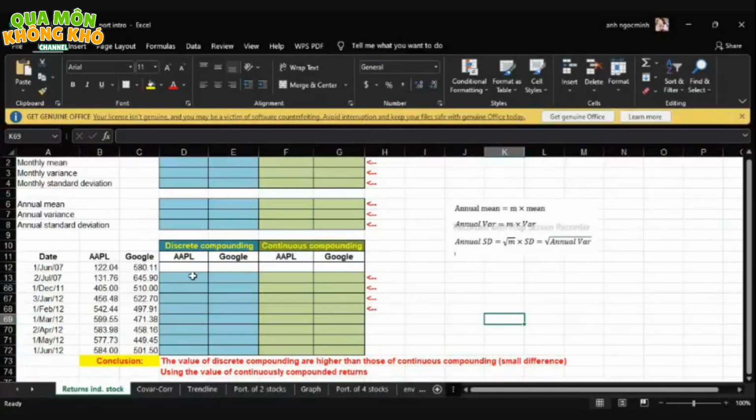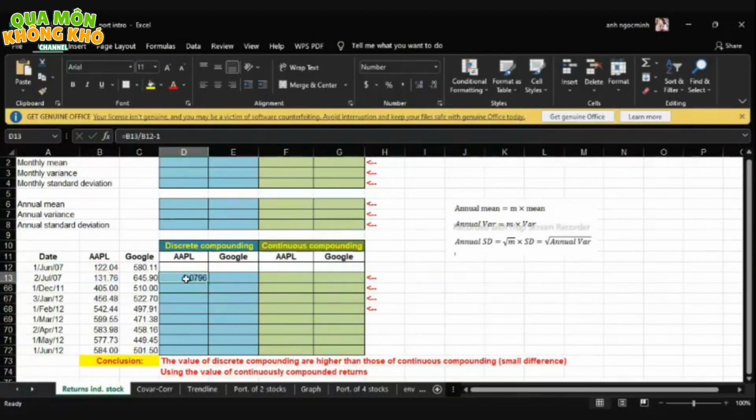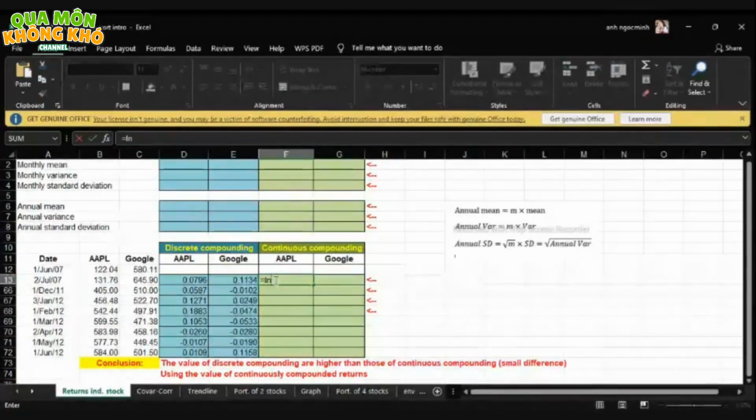To calculate the discretely compounded return, we just take the later value divided by the former and minus 1. So here we have the values, and for the continuously compounded return, we just take the log function of the later price divided by the former price.